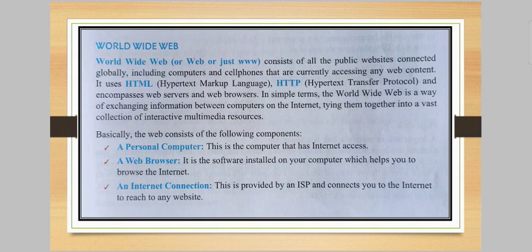First is World Wide Web. The World Wide Web consists of all public websites connected globally, including computers and cell phones that are currently accessing any web content. It uses HTML.